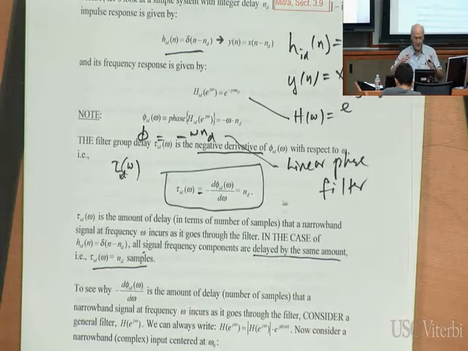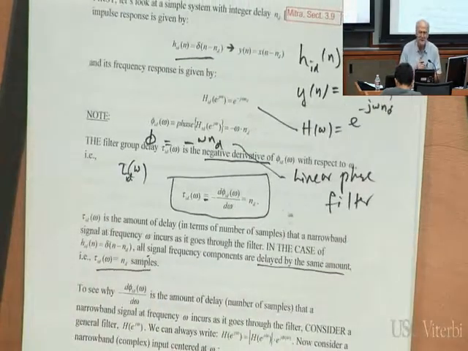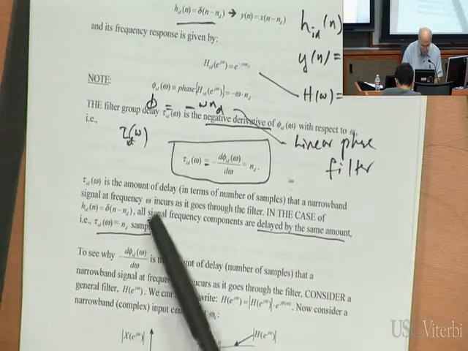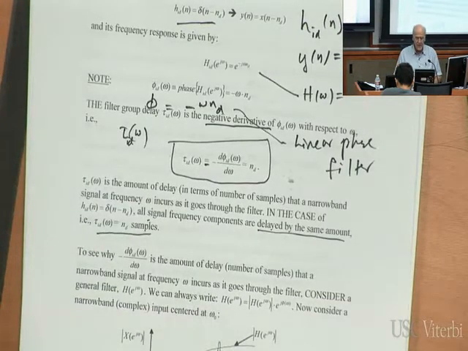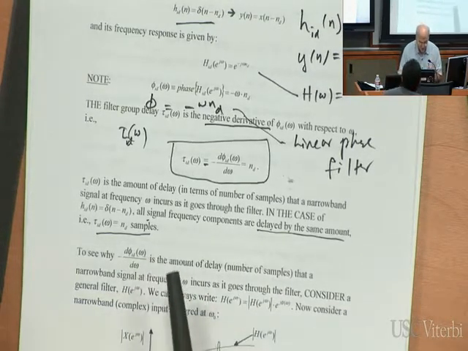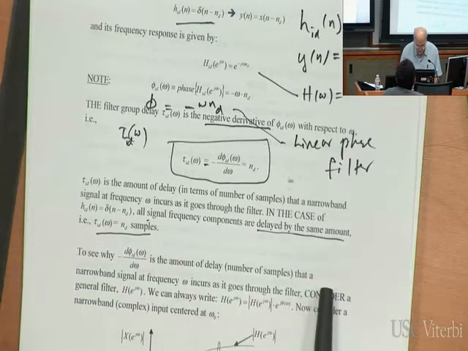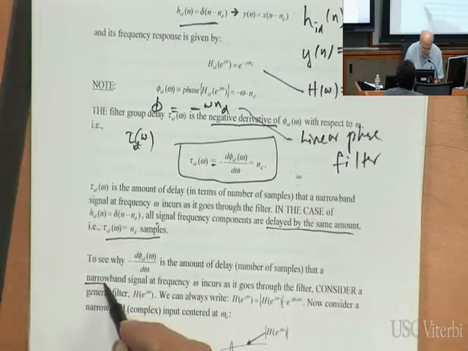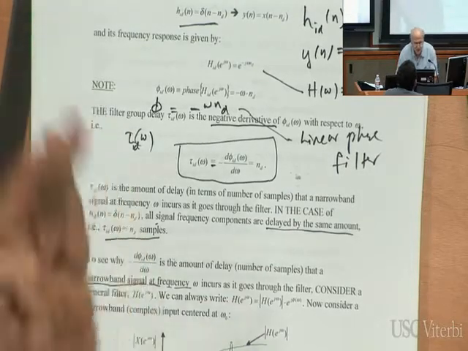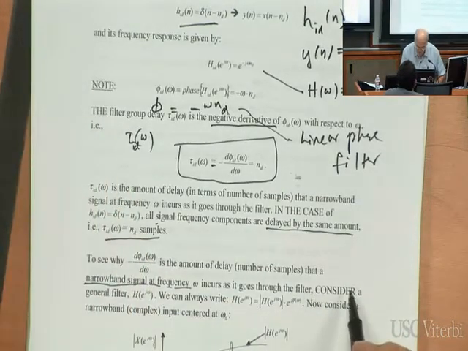So I've used a bunch of words. They're very nice words. Now let's go back and see what all of this means. Why is it that minus d phi d omega is what I'm calling the group delay? Why is that quantity the amount of delay that a narrowband signal at some frequency omega incurs as it goes through a filter?